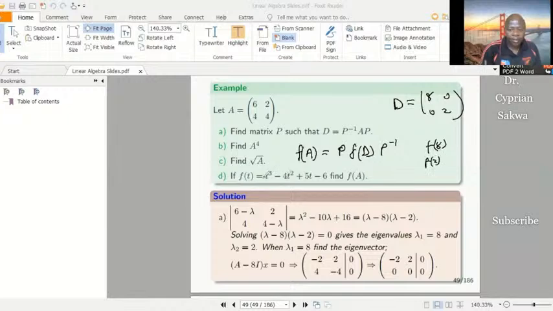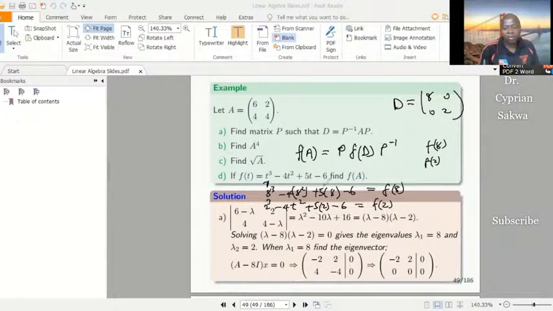So f of 8, where t is 8: 8 cubed minus 4 times 8 squared plus 5 times 8 minus 6. This gives you f of 8. And then f of 2, just where t is, put 2: 2 cubed minus 4 times 2 squared plus 5 times 2 minus 6. That gives you f of 2.